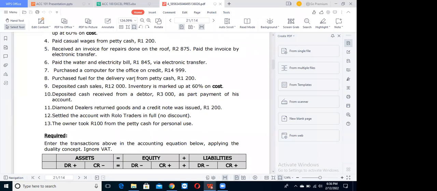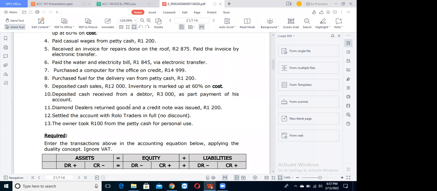We are required to enter the transactions above in the accounting equation below, applying the duality concept, ignore VAT. The duality concept is the double entry concept that I mentioned. It says that you debit the receiver and credit the giver.